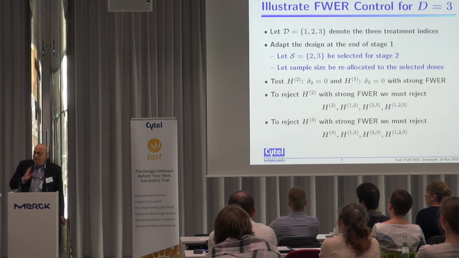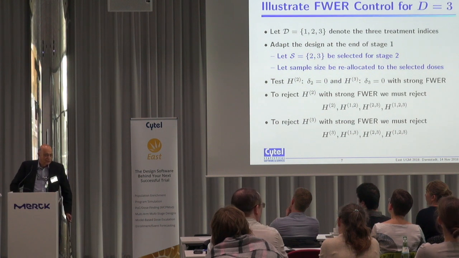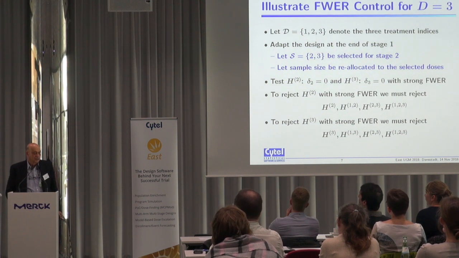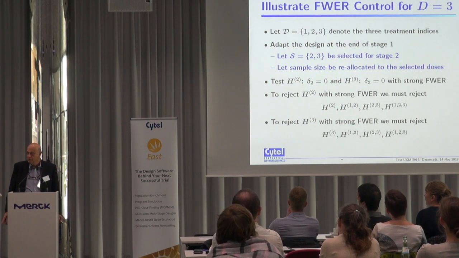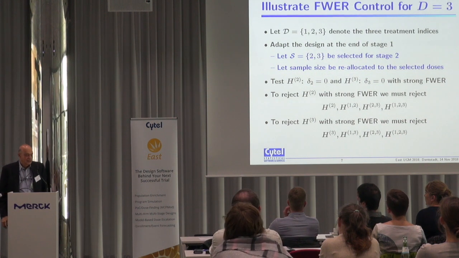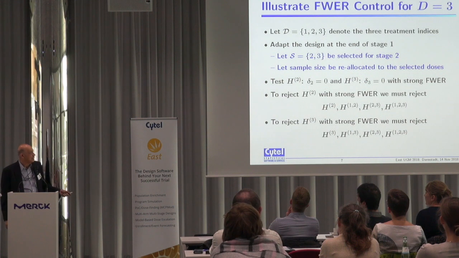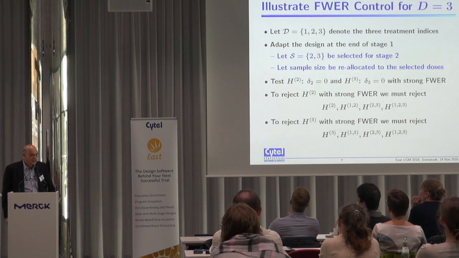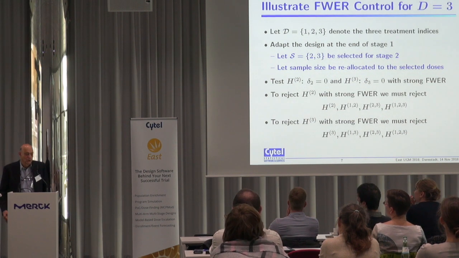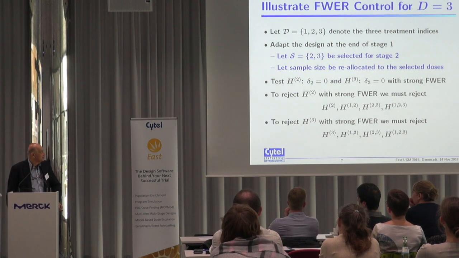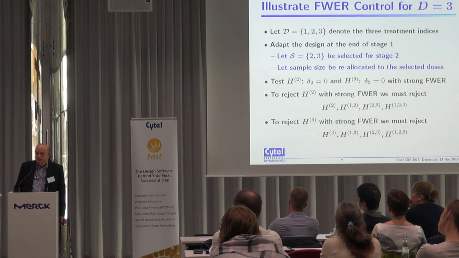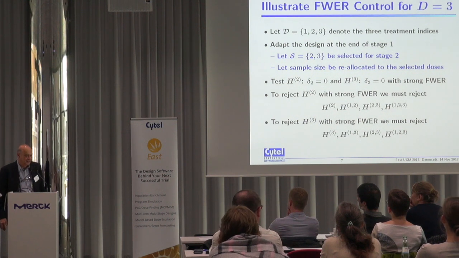So as an illustration, let's take a three-arm case. Three active doses and a control. So now, they're indexed by 1, 2, and 3. And let's suppose that at the end of stage 1, only doses 2 and 3 go forward. So this S is the set of doses that go forward to the second stage.